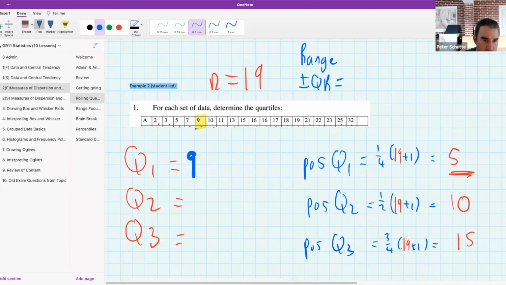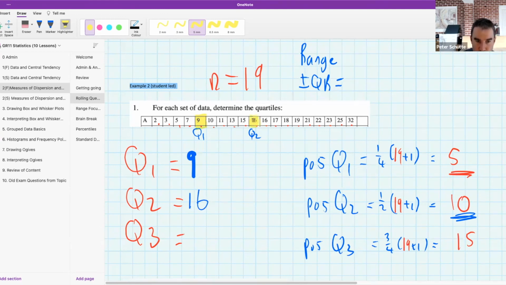And so we can even put it here. This is Q1. The median, Q2, is in position 10. So let's find 6, 7, 8, 9, 10. It looks to me like Q2 is going to be 16, and that would be this one here.